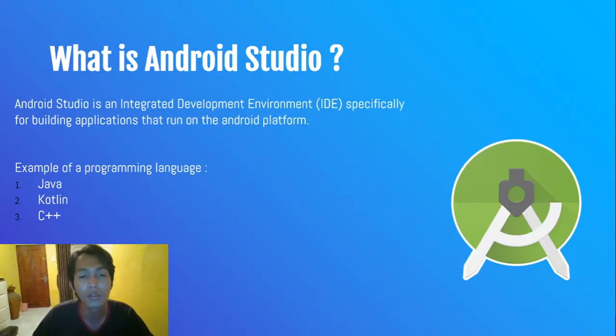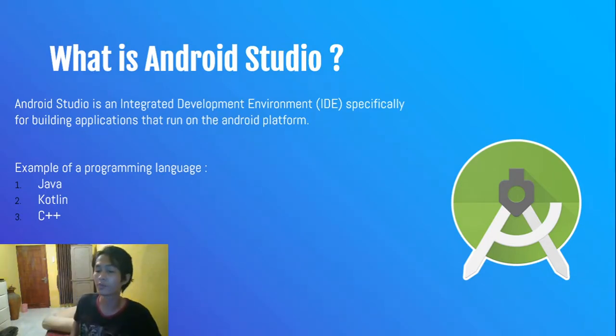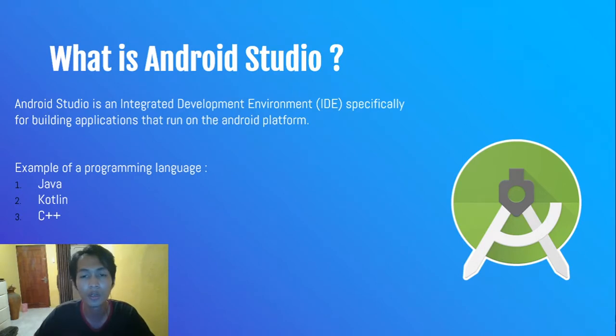The next is, what is Android Studio? Maybe you have heard about Android Studio. Android Studio is an Integrated Development Environment, or IDE, specifically for building applications that run on the Android platform.